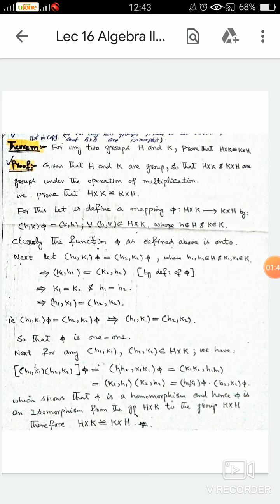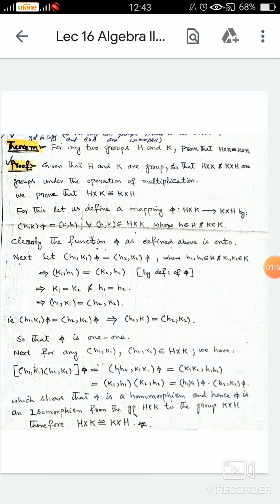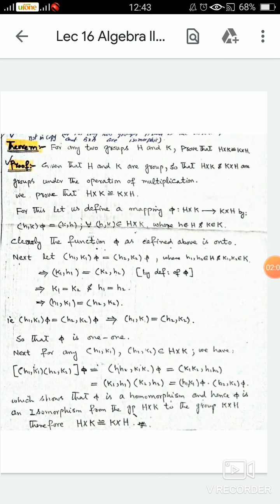Next, let us take two elements from the domain such that phi of (h1, k1) is equal to phi of (h2, k2), where h1, h2 belong to H and k1, k2 belong to K. If we apply phi, this becomes the ordered pair (k1, h1) equal to the ordered pair (k2, h2), and we see that the two ordered pairs are equal.